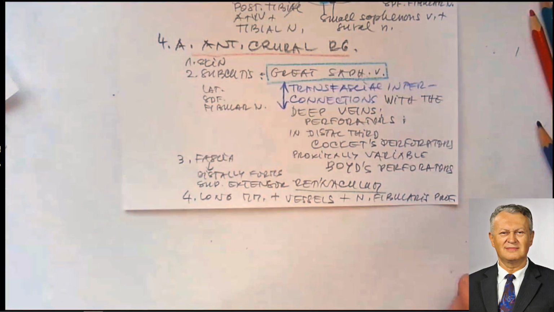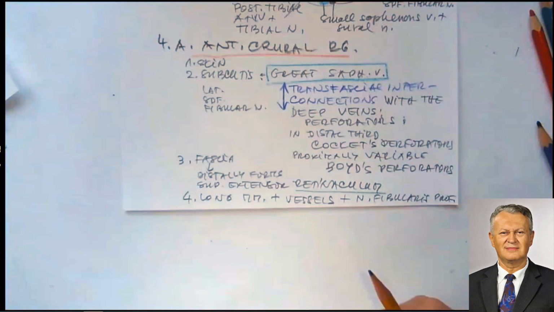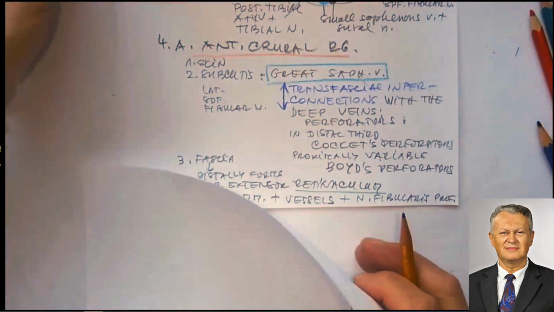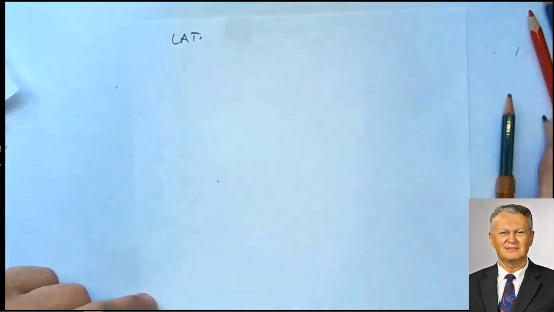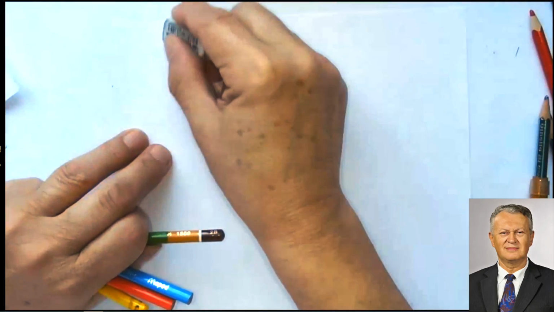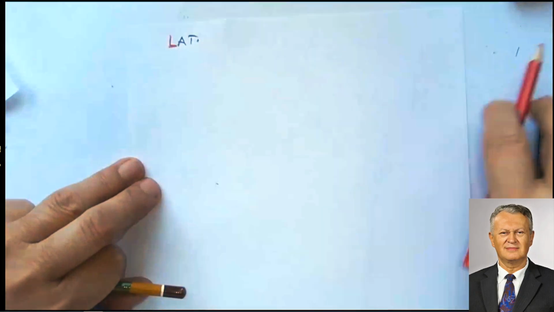Then follows the posterior crural region, but before that we have to say just one sentence about the lateral osteofibrous compartment, which is not bad to know. For the lateral we used L, reddish. So then please, we must do the same.